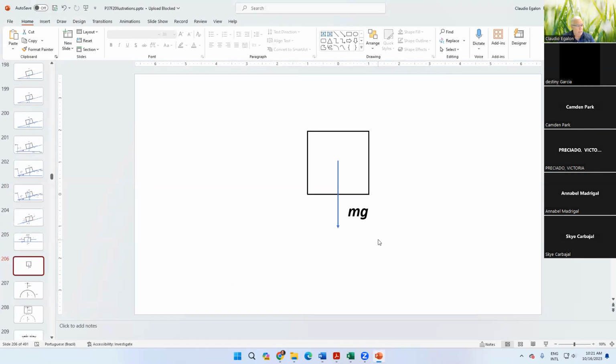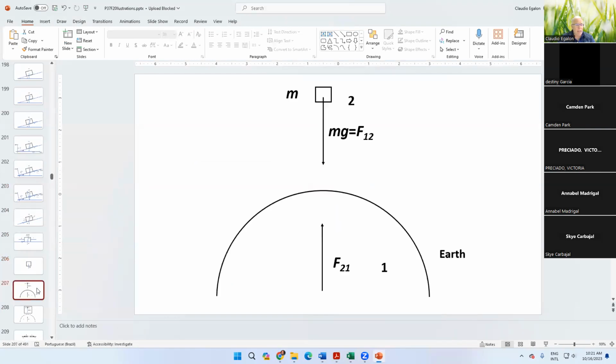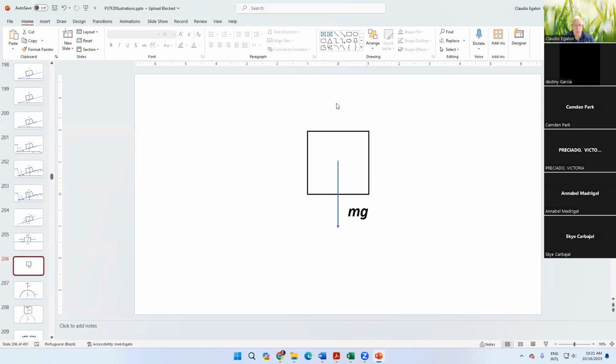What you have to know about the weight is that this force comes along whenever you are nearby a very large mass, like the Earth is nearby us. The Earth is attracting everybody towards the center, and we are all subjected to the weight. Whether you're on the surface of the Earth or the surface of the moon, we are subject to this force called the weight.